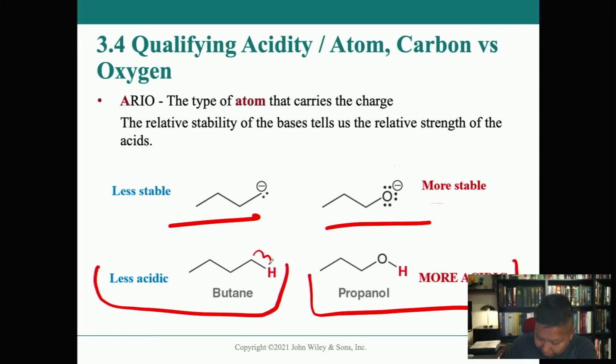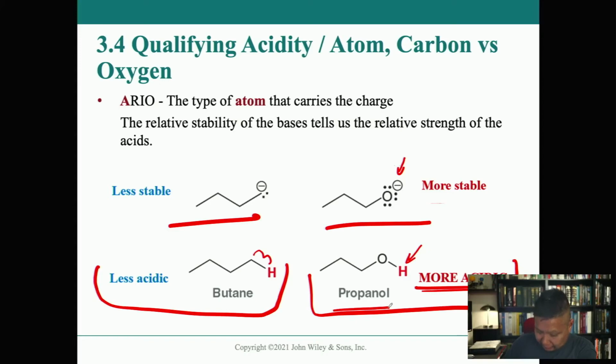And so the propanol, losing that proton there, can still be stable because the oxygen loves electrons. It can stabilize a negative charge, right? And so that's why propanol is way more acidic than butane.